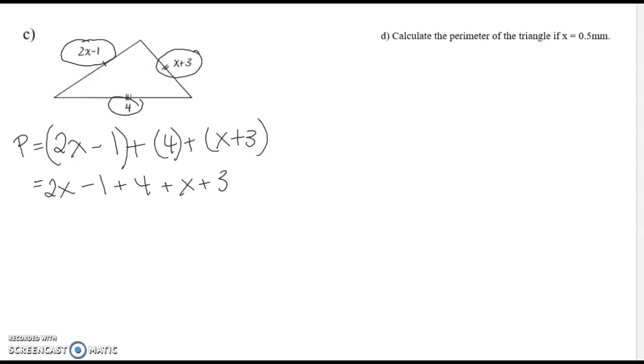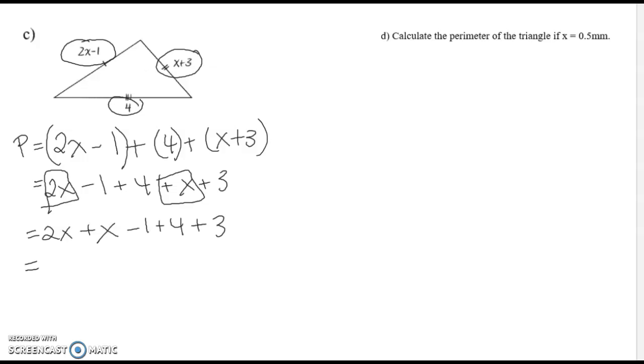And now we are going to collect our like terms like we had done before. Here is an x, and here is an x. So 2x plus x, and then we have our constants left over, negative 1 plus 4, and then plus 3.